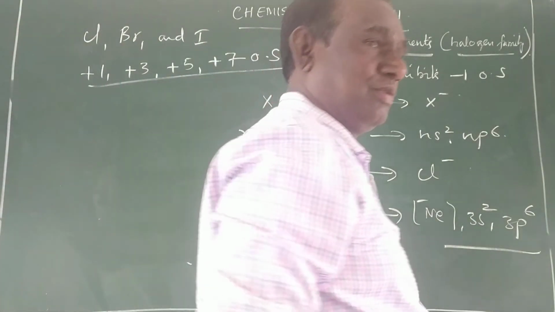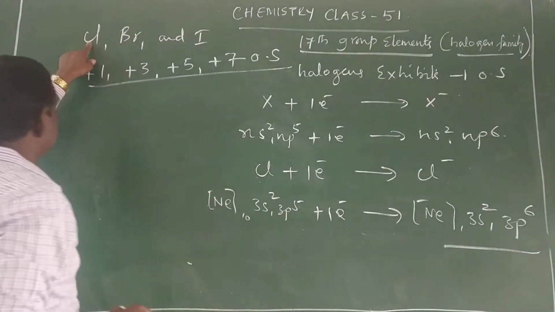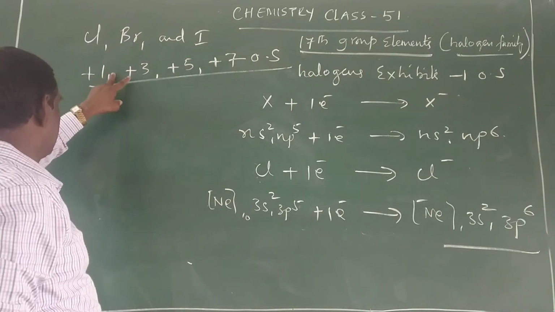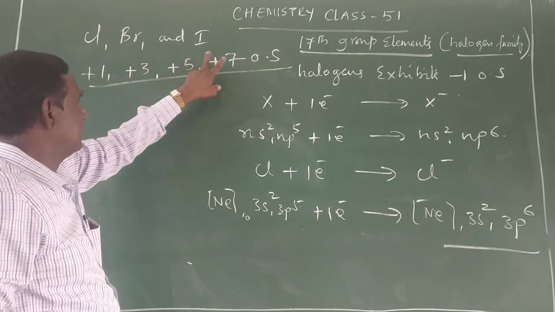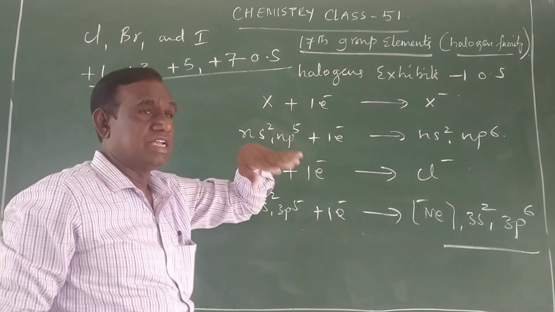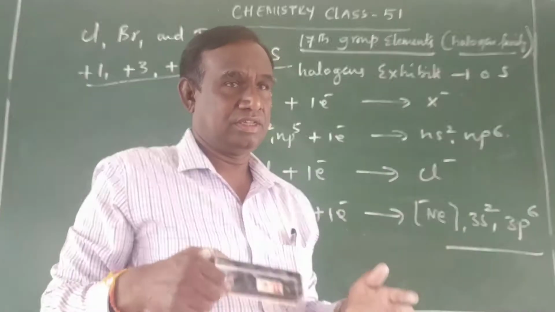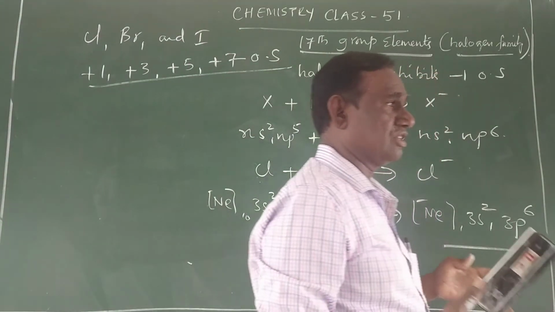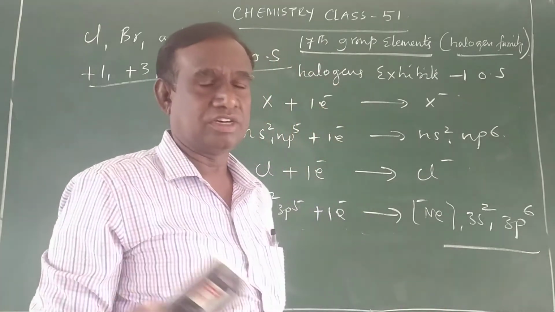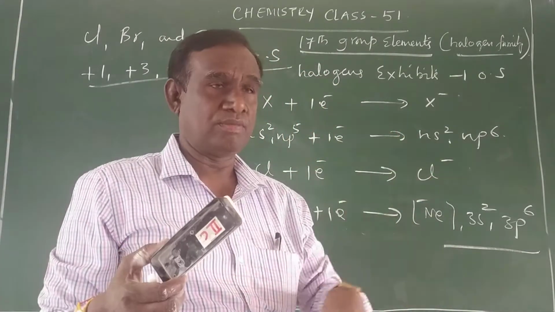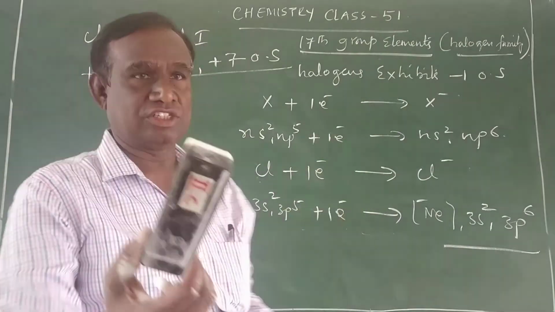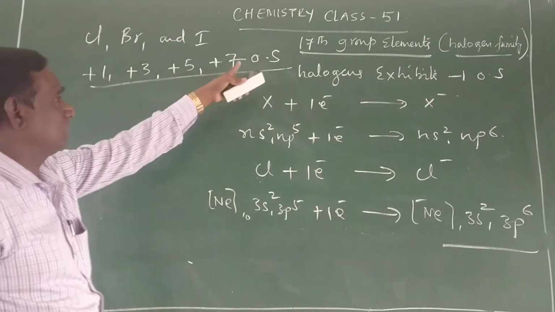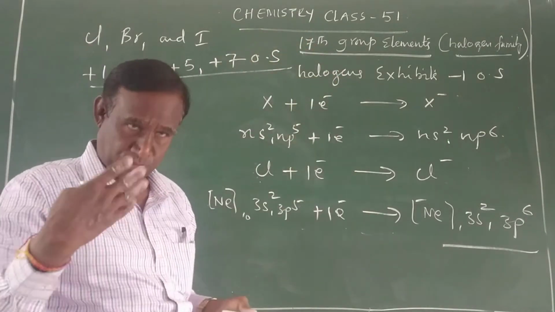The electrons in the ground state of an atom are in the ground state. If electrons jump from a lower level to a higher level, it is called the excited state. Let me show how the +1, +3, +5 and +7 oxidation states are obtained.